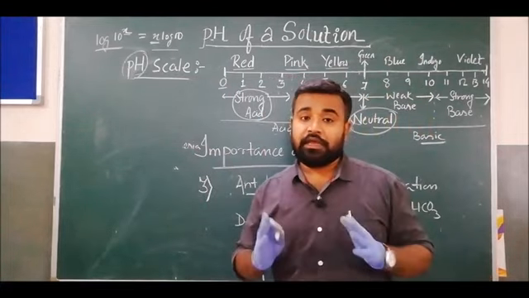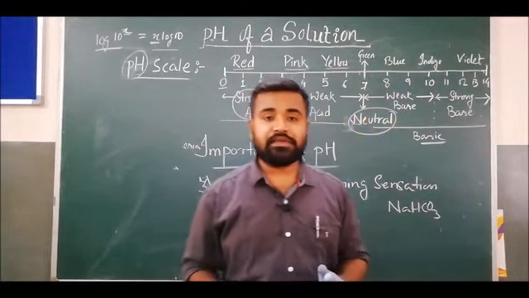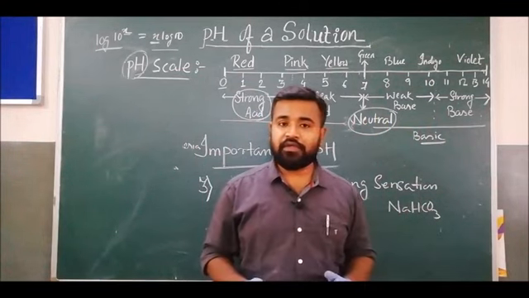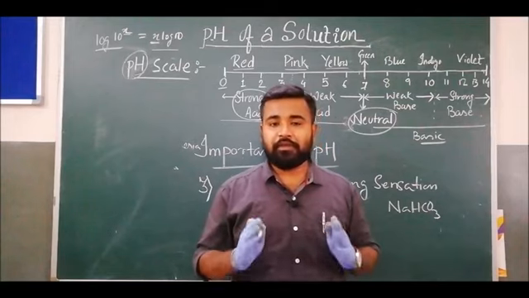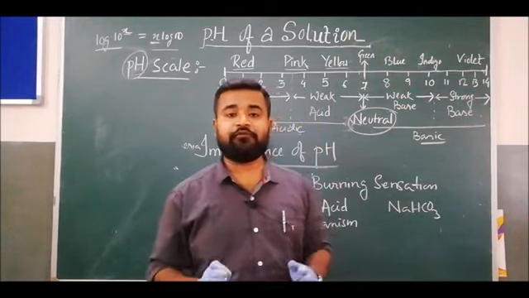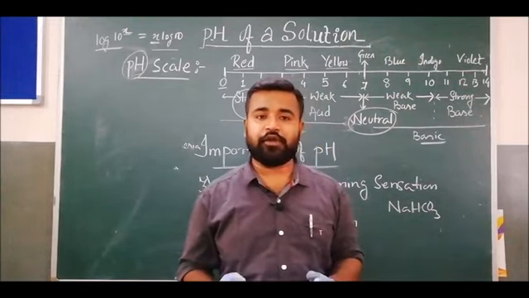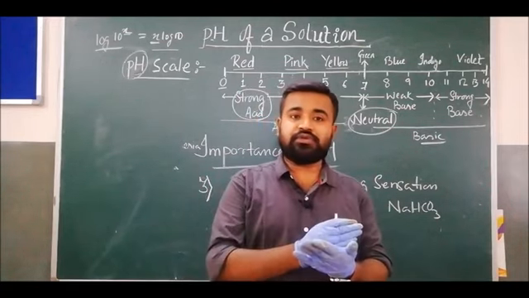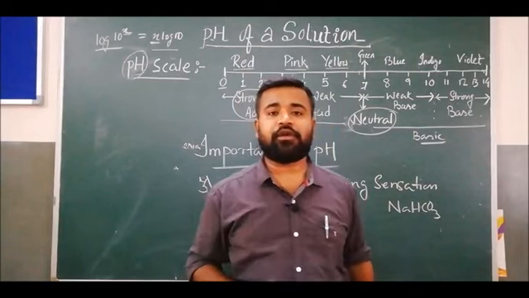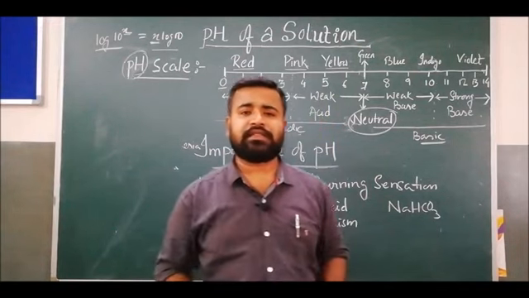So this is the importance of pH. pH is very essential. For example, the pH of our blood is 7.4. If the pH reduces to 7.2 or increases to 7.6, then it leads to death.